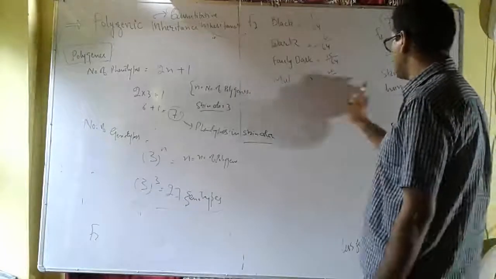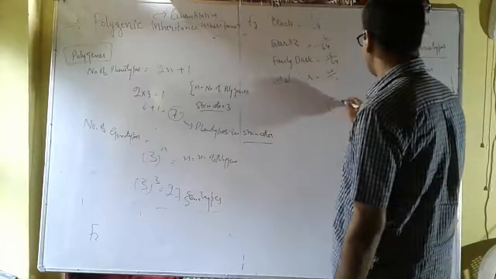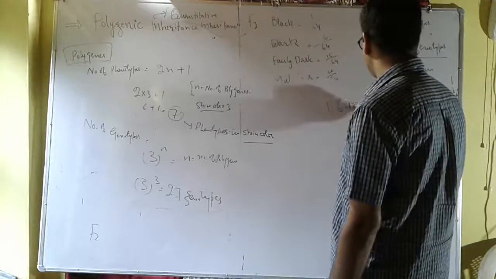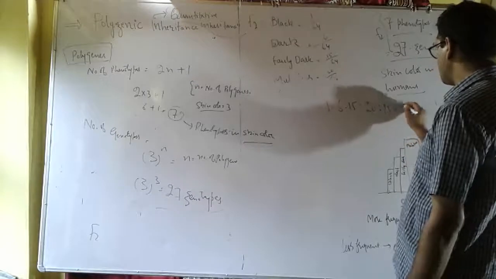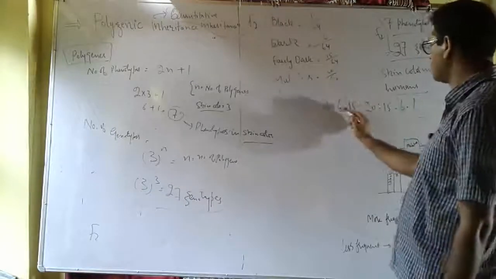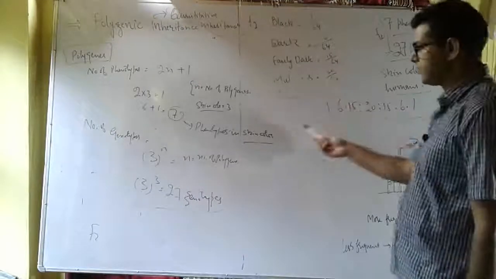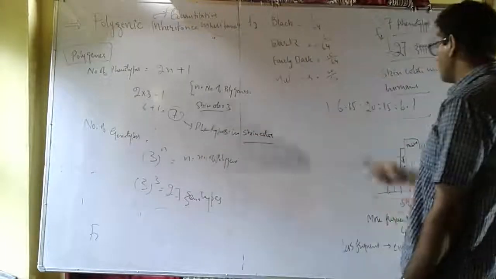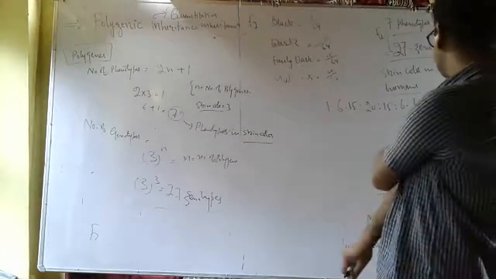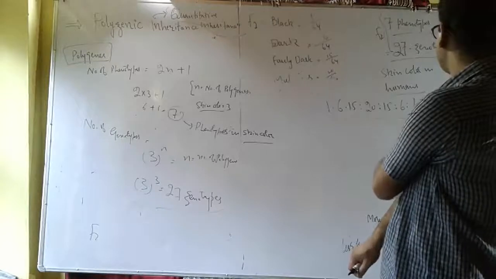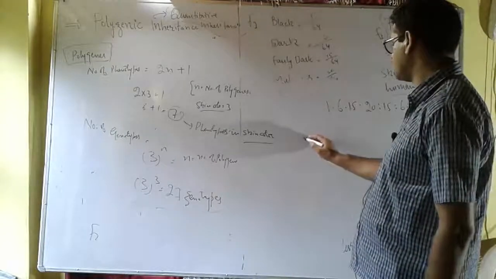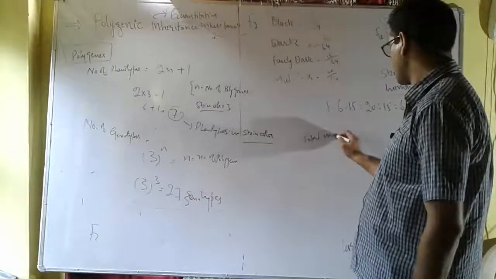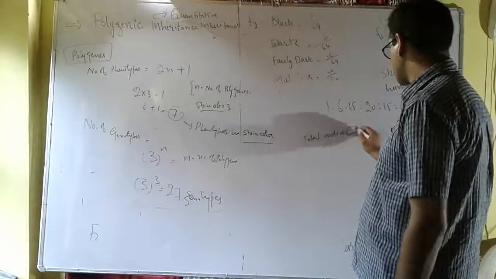And the ratio is 1:6:15:20:15:6:1. 1, 2, 3, 4, 5, 6, 7. 7 phenotypes and 27 genotypes are formed. Total individuals 64.